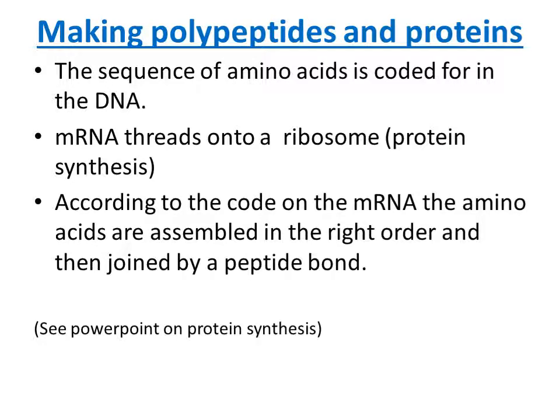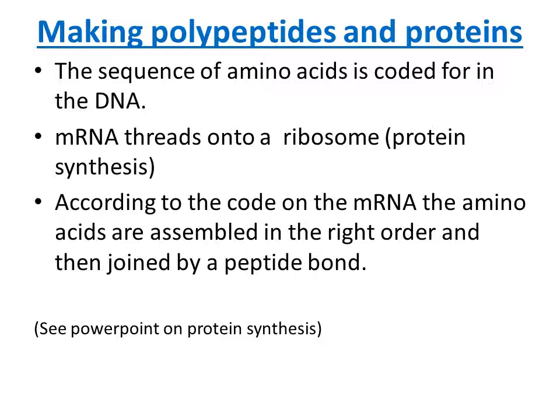This would be a good point to remind you that the polypeptides and proteins are created according to the code which is kept on your DNA. So one gene will code for one polypeptide or one protein. And it's the sequence of the bases in your DNA which will determine the sequence of amino acids.